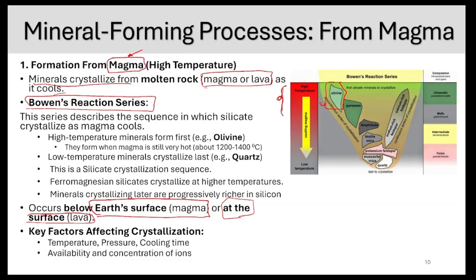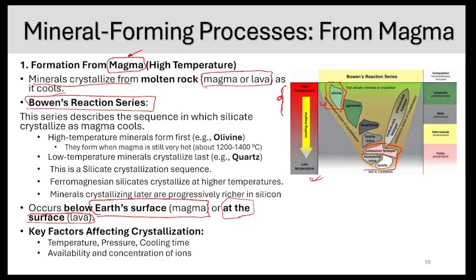As the magma cools, the composition of the remaining liquid changes, and progressively more silicon-rich, lower temperature minerals form. Quartz crystallizes last, when the temperature is comparatively very low.